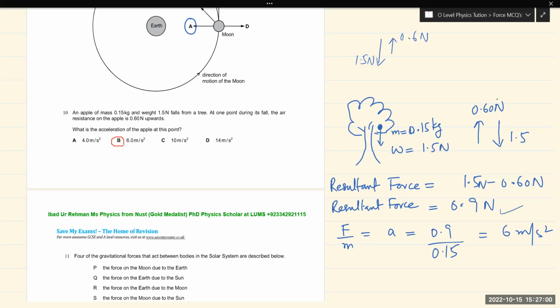So F equals ma, so a equals 0.9 over 0.15. This is the mass of the apple, and the acceleration must be 6 meter per second square for this apple, which falls with the weight of 1.5 Newton, and the air resistance acting on it in the upward direction is 0.6 Newton.